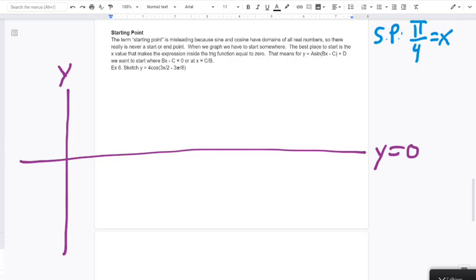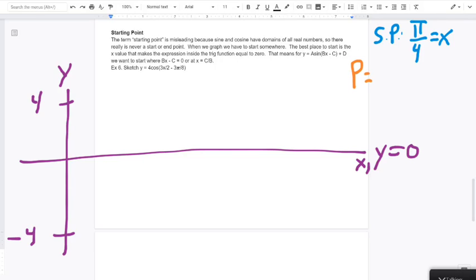The x axis is also known as y equals 0. Our maximum is going to be at 4, our minimum is going to be at -4. So we got D taken care of, we got A taken care of, we got C taken care of. Now we have to use B to find our period.